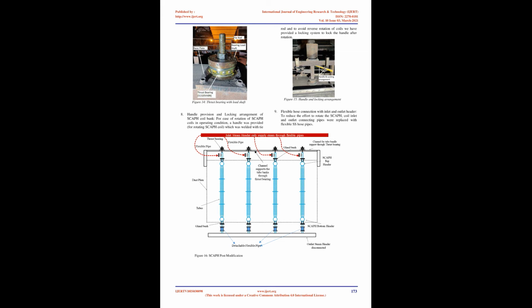Erection of channel over the SCAPH frame for support of SCAPH coils. SCAPH is located at the discharge of the forced draft fan duct, and each forced draft fan consists of one SCAPH system, and each SCAPH system consists of 4 coil banks, and the total weight of all the 4 coil banks is 1,190 kilograms. According to the load of the coil, it was decided to use a channel of 300 x 125 mm.